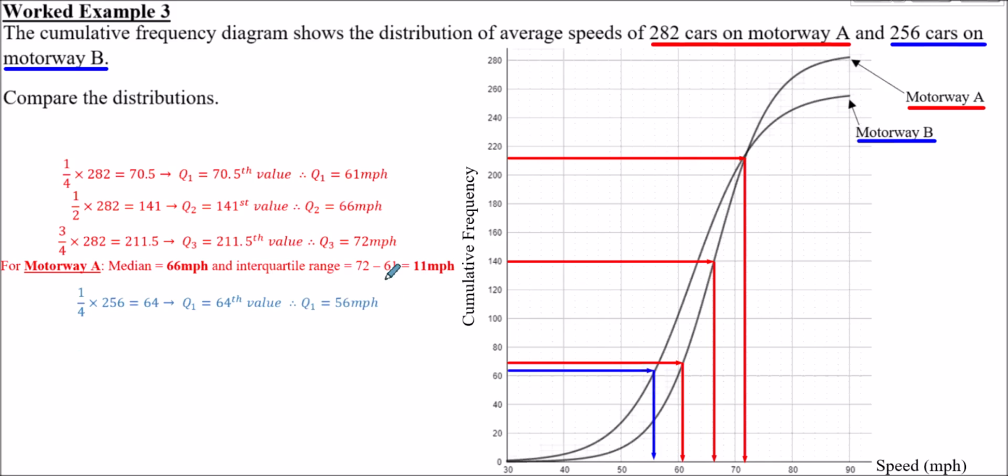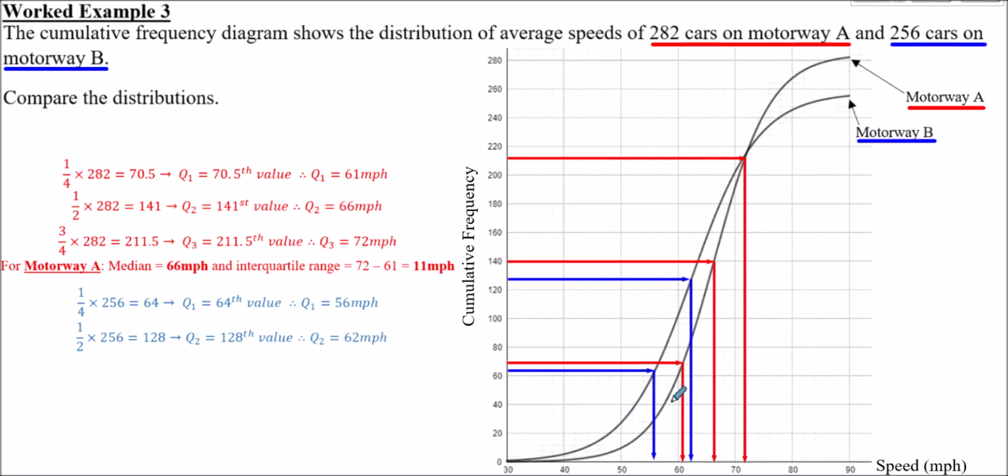To work out the median, work out what half of 256 is, which is 128. Therefore the median is the 128th value. So to get the estimate for that one, we go to 128, read along and down, like this, and then we get an estimate of about 63-ish, I believe.